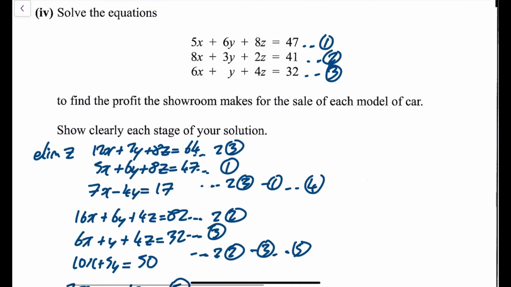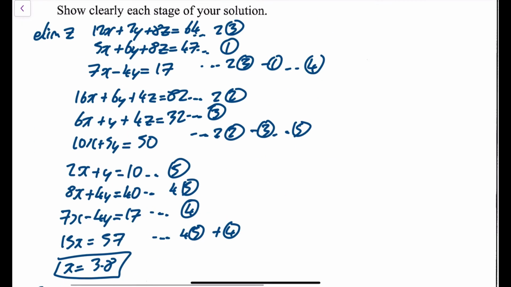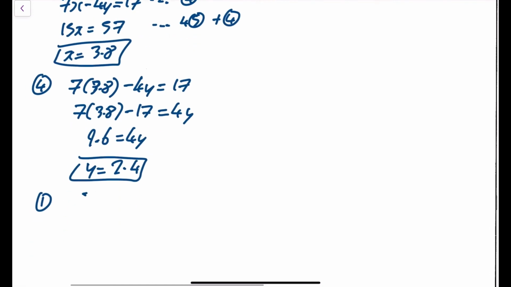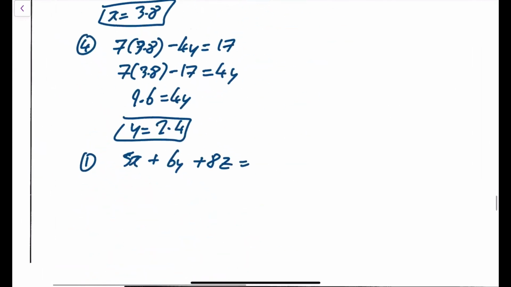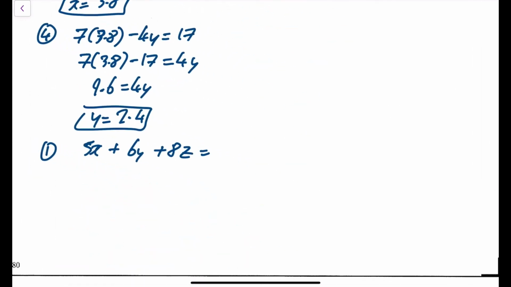Let's see, equation 1 was 5x, where on earth have I got that? 5x plus 6y plus 8z equals 47. Okay, so let's just put those in then.